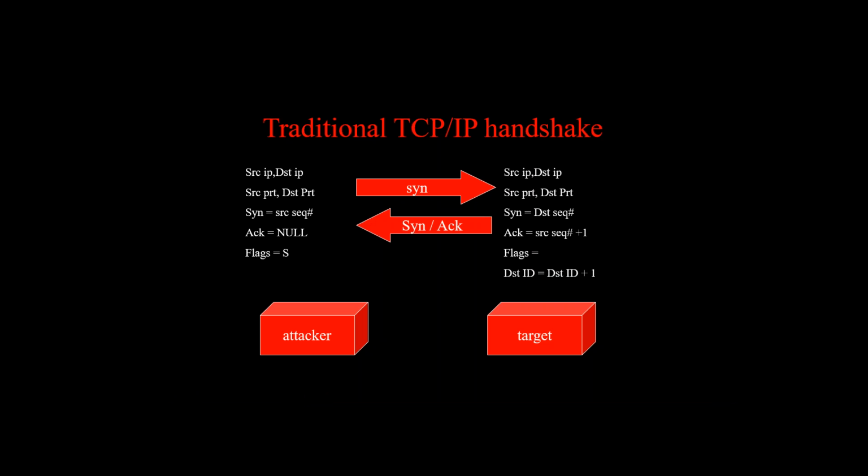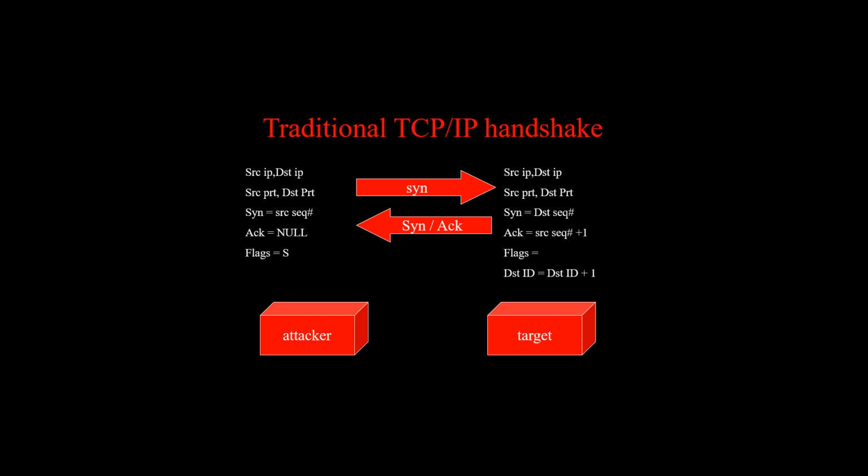So now the target responds back. If the port is open, it will respond back with a SYN ACK. Now the source IP, destination IP, source port, destination port flip. Then an acknowledgement sequence number is placed on the packet and sent back.